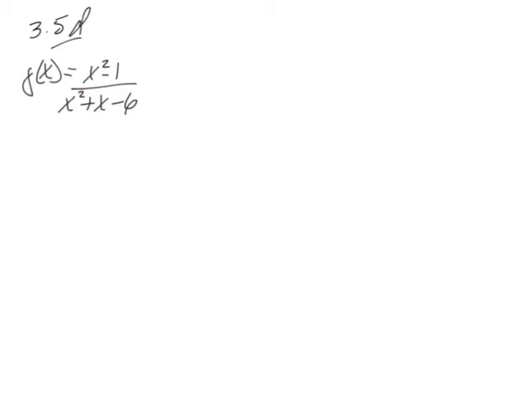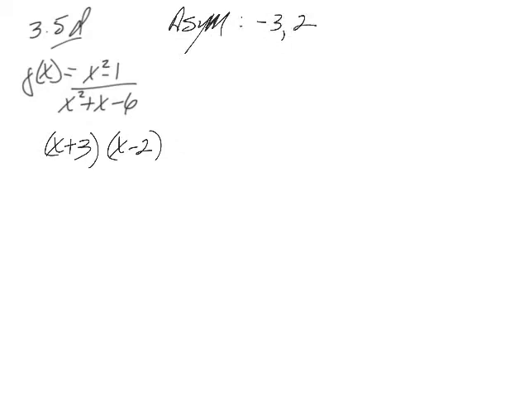So if we take our x squared plus x minus 6, this one can easily be factored into two binomials, x plus 3 and x minus 2, which tells me that my vertical asymptotes are at -3 and at 2. Now the next step is to find out what my horizontal asymptote is.